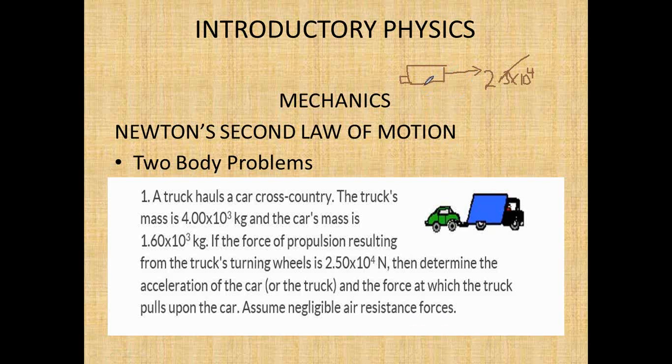In normal life, you can't ignore it. So they will give you a frictional force, air resistance, and it's going to be acting in the opposite direction. If they gave you air resistance, frictional force is going to act in the opposite direction. So you would have to subtract the force going to the left from the force going to the right to get the net force.